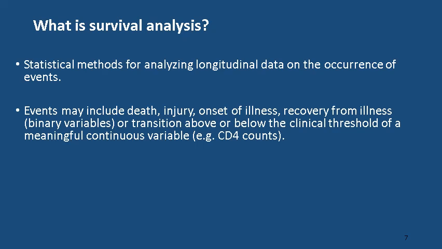These are all binary variables, or a transition above or below a clinical threshold of a meaningful continuous variable, for example CD4 count. All of us know that if the CD4 lymphocyte count is less than 200, that shows an immunocompromised stage. So reaching that threshold level of below 200 can also be an outcome or event.